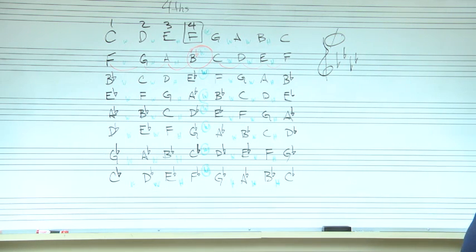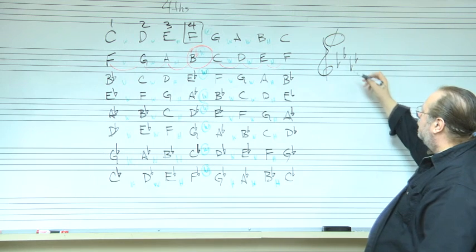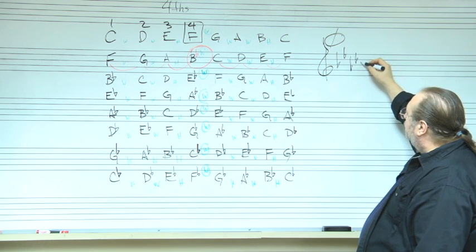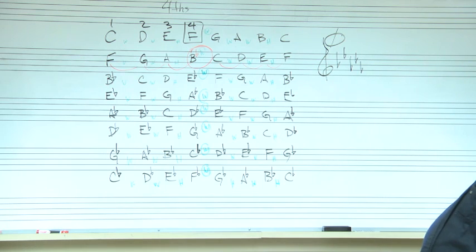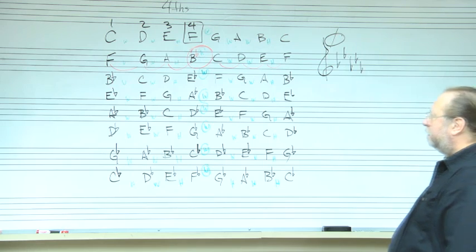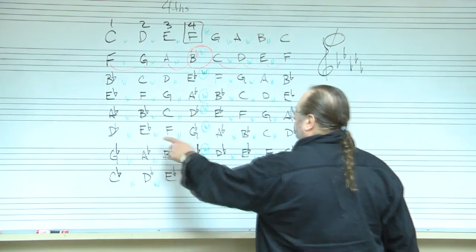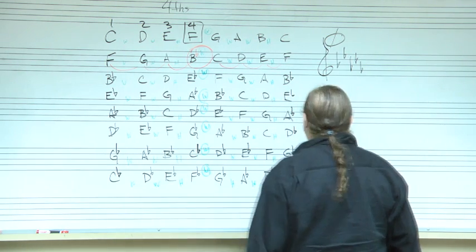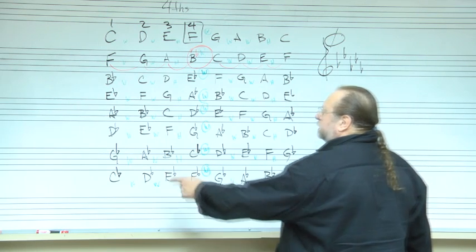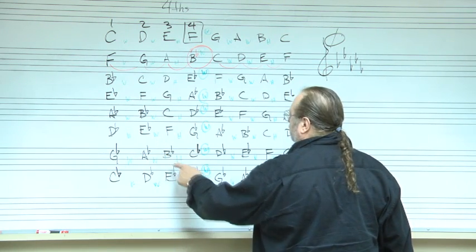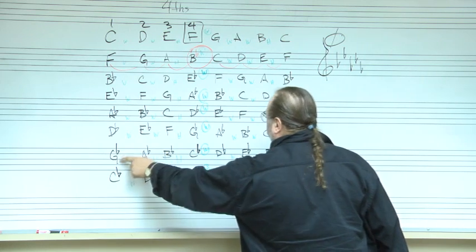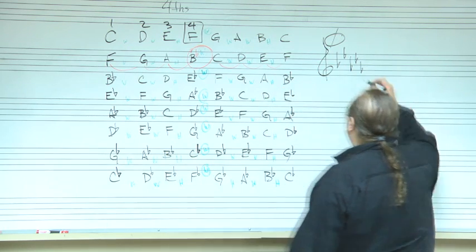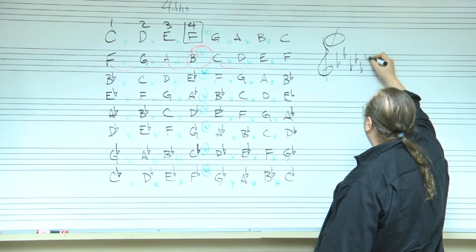Mm-hmm. Five flats is gonna be the key of D flat, it's gonna be B, E, A, D, G. That's D flat, key of D flat is five flats. Six flats is gonna be the key of G flat, so that's gonna be B, E, A, D, G, C. Oh, you're counting backwards.